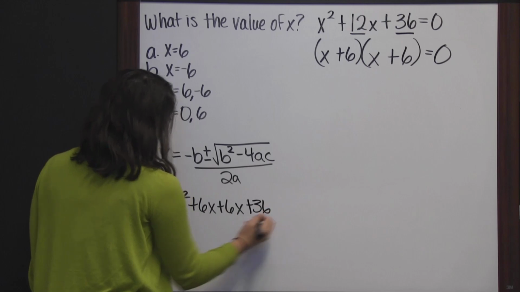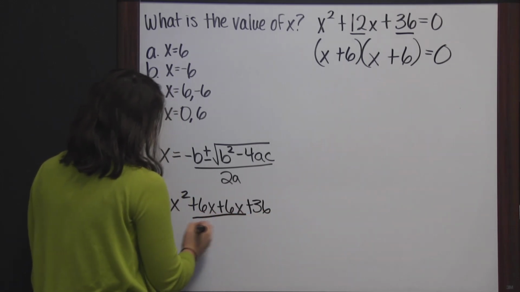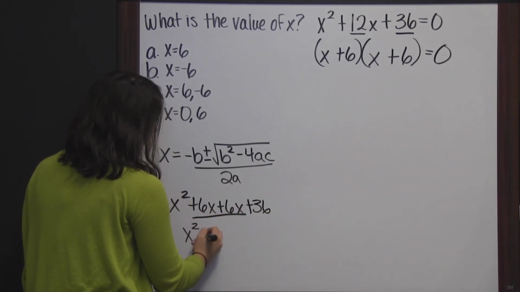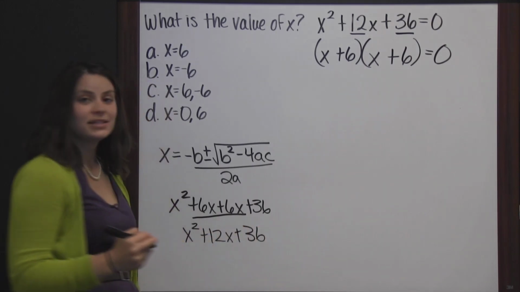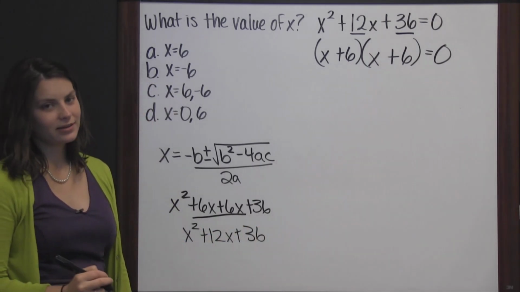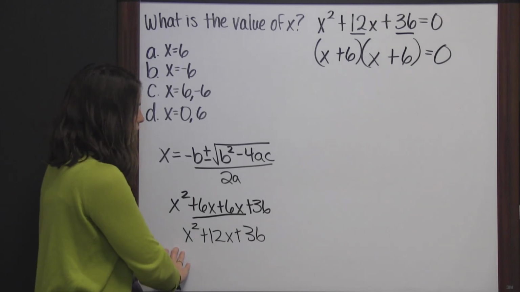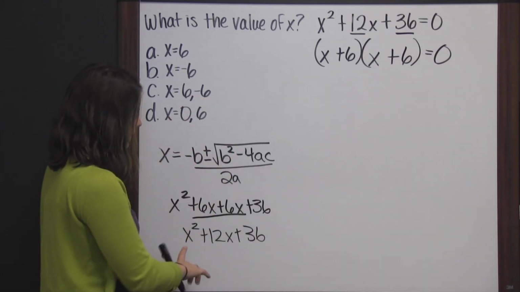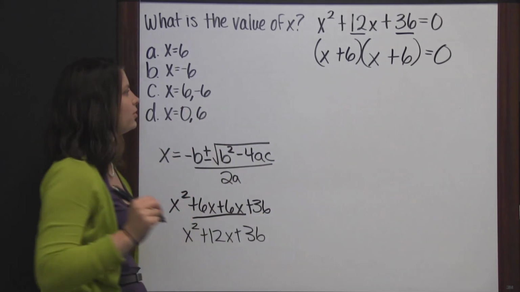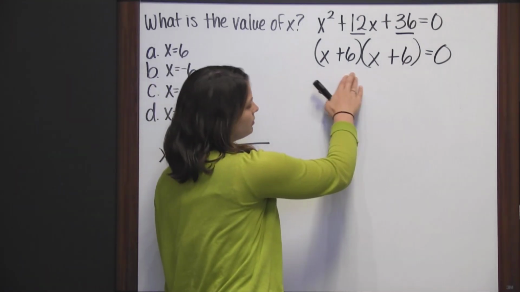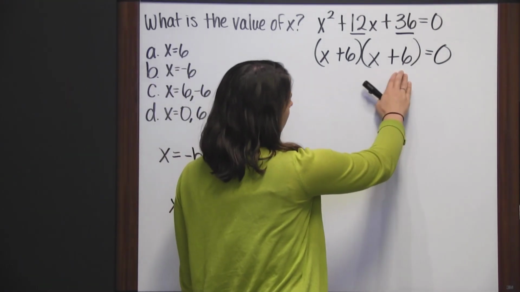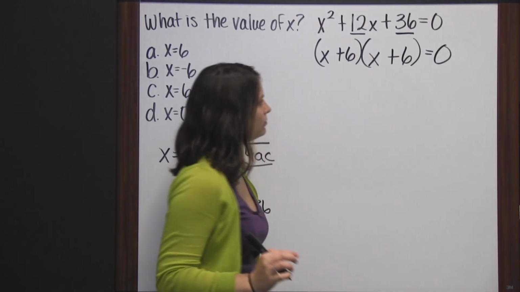Then you combine like terms: x squared plus 12x plus 36. And we can see that we did factor correctly, because whenever I FOILed my binomials back out, I got what I started with.